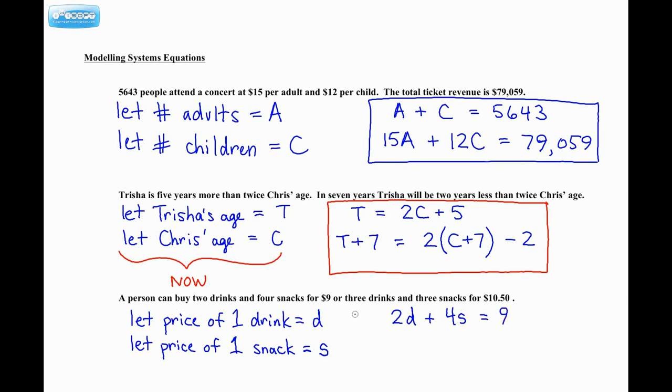Or the other possibility is 3 drinks and 3 snacks is $10.50. So without any units, that's just 10.5. Okay, so we are done, because all we want to do is model this using a system of equations.